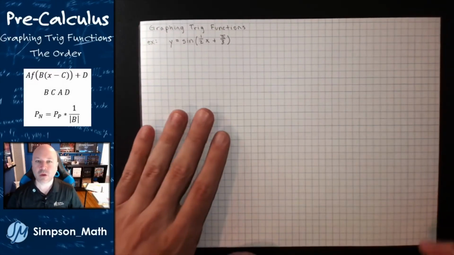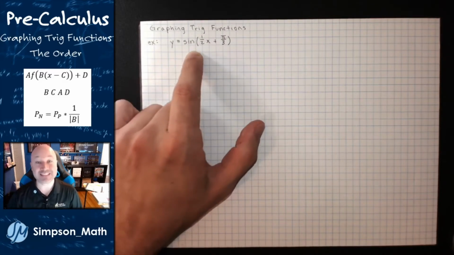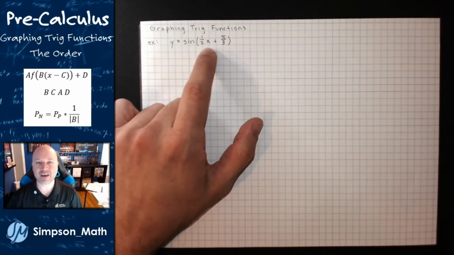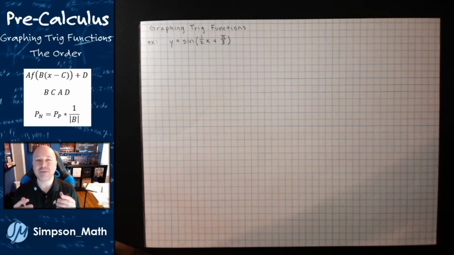For my first example, I have y equaling sine of 1/2 x plus pi thirds. Ooh, there is something new here as well. I like to ask this in class. What is my b in this scenario?